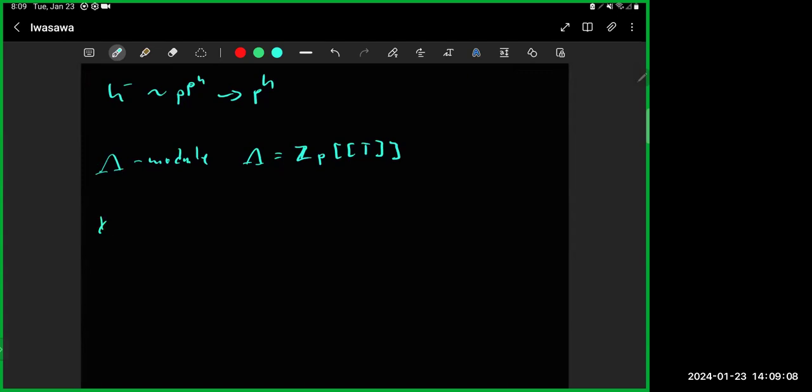if k infinity over k is a Z_p extension, so as I said earlier, that means that the Galois group of k infinity over k is isomorphic to the p-adic integers, then e_n is equal to lambda n plus mu p^n plus nu.